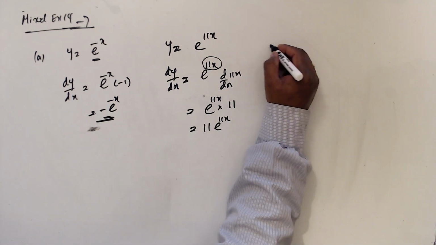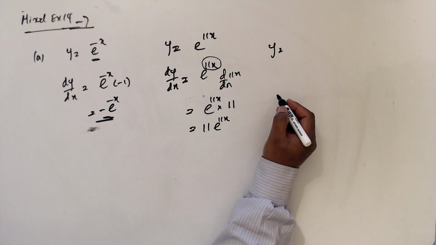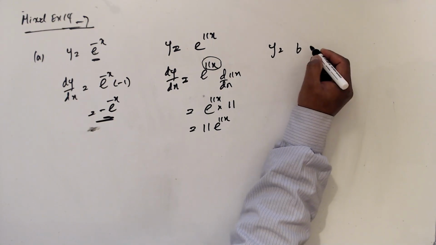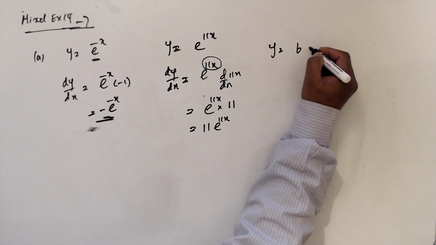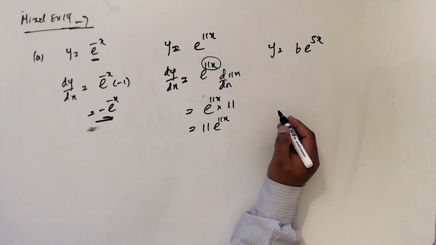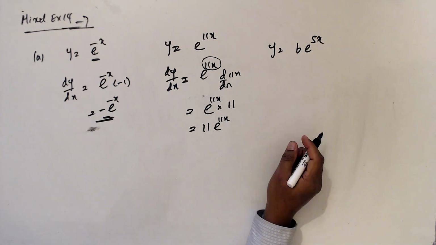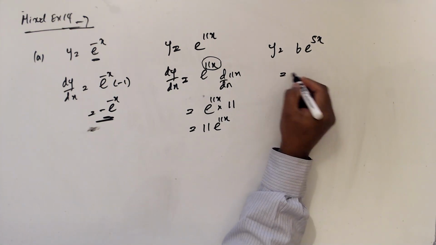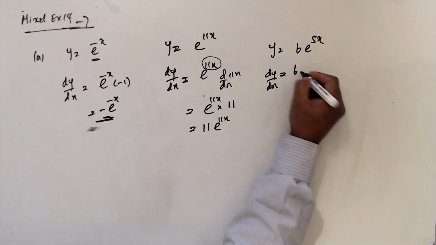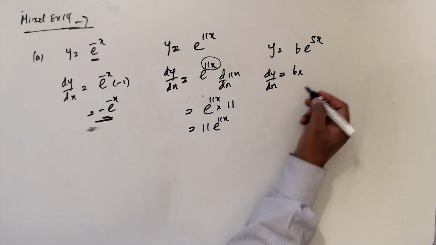And the third one, y equals 6 e to the power 5x. dy over dx is, this is a constant, keep aside, multiply.